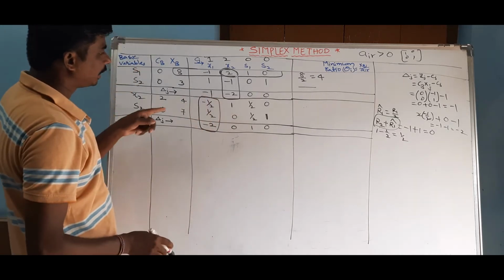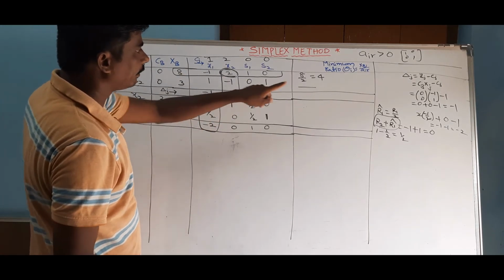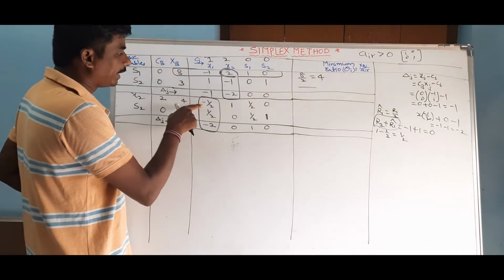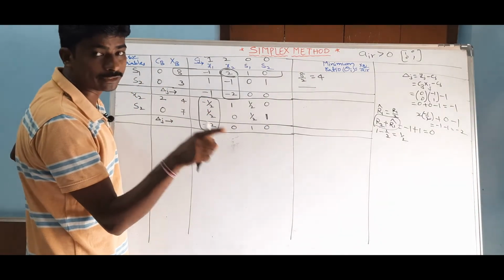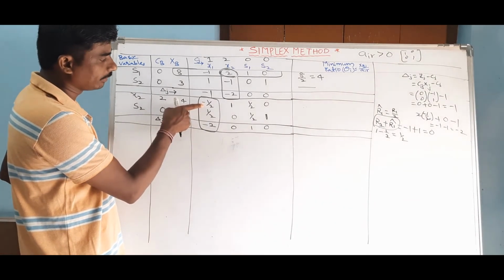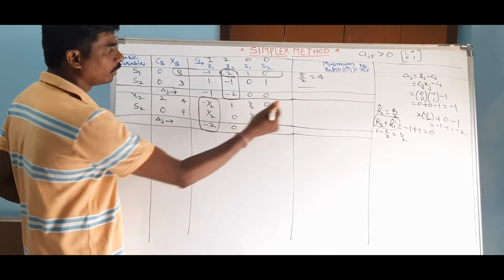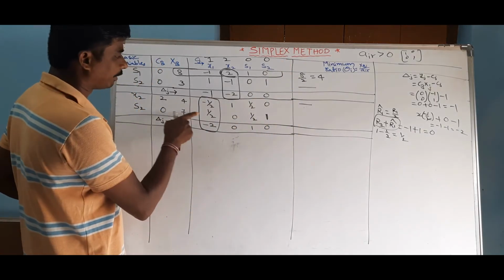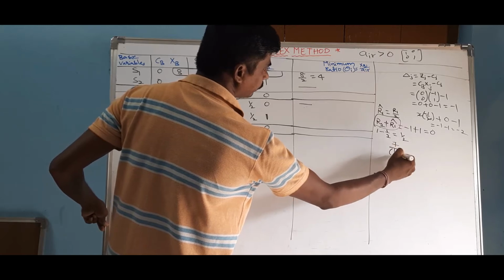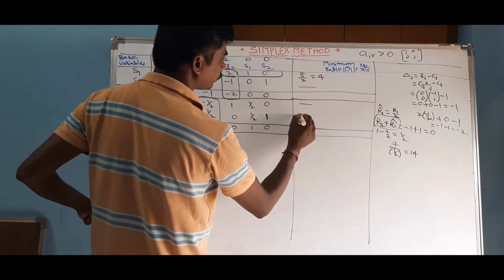Okay, see here, the minimum ratio: XBi by Air, where Air is always greater than 0. This entry is not greater than 0, so we don't take it. Right, 7 by 1 by 2, that equals 14.